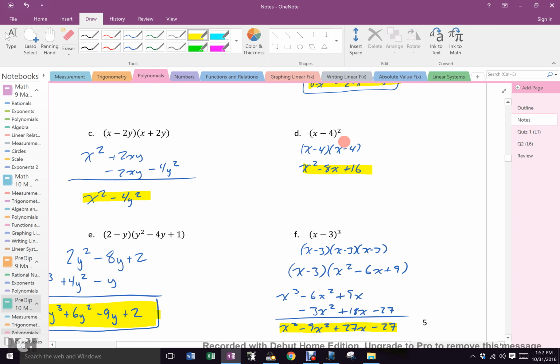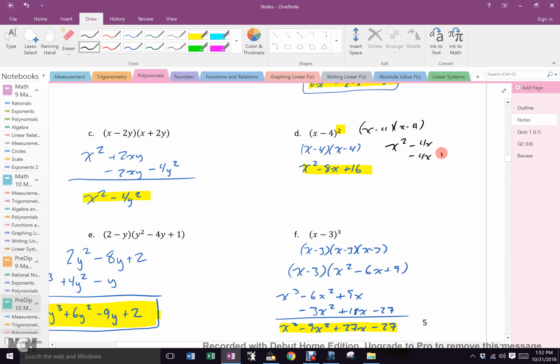That one? Okay, that squared means that the whole base multiplies by itself again, right? So that becomes x minus 4 times x minus 4. Now I used the shortcut. I added the negative 4s to get negative 8. Then I multiplied them to get 16. But if you're going to write it out the long way, it's x squared minus 4x minus 4x again.